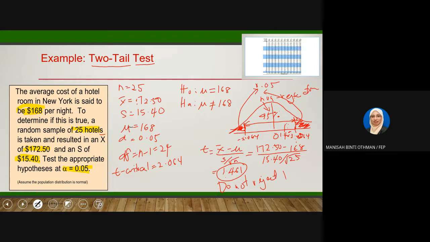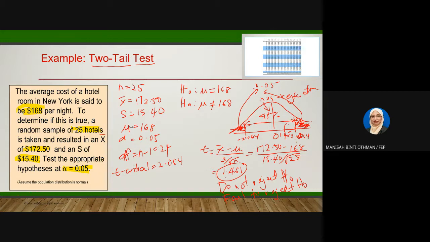Either do not reject the null hypothesis, or you can put it as fail to reject the null hypothesis.